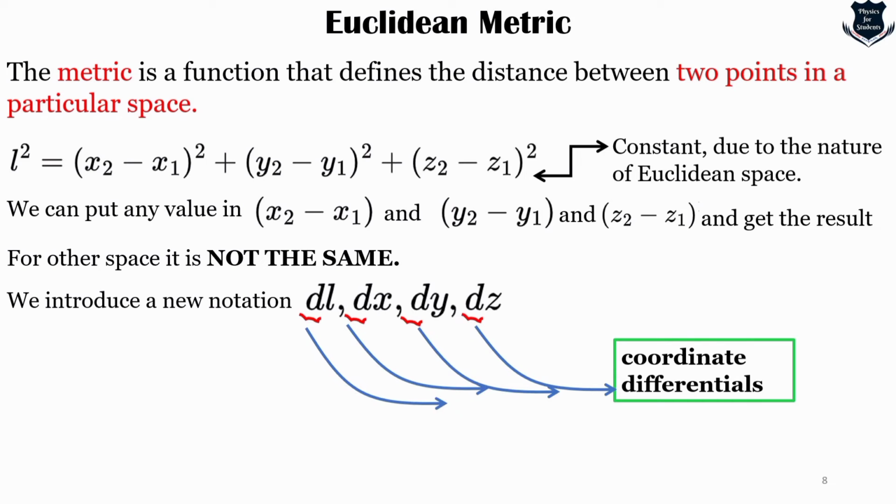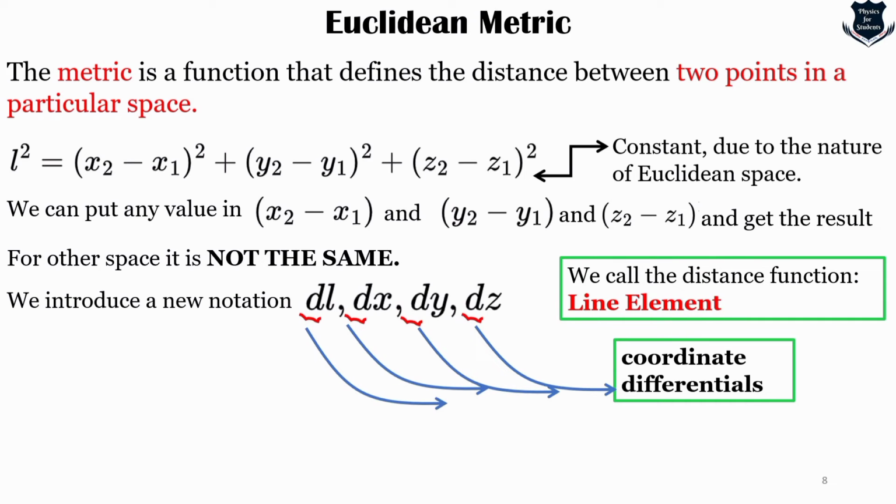And when we describe the distance between two infinitesimally close points in space, we call this distance the line element.